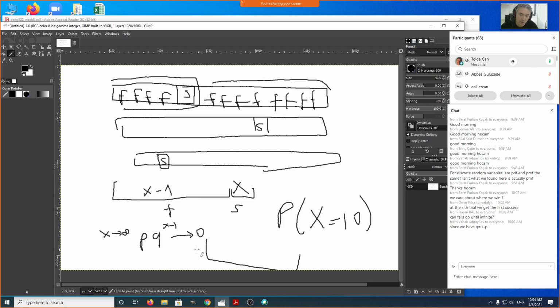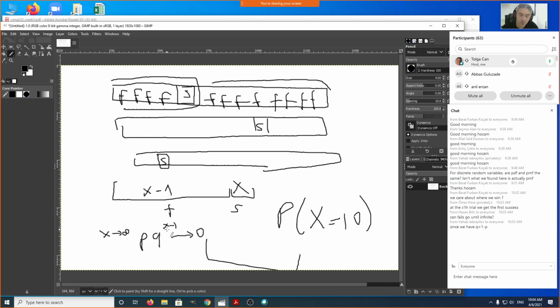But here, the success probability P and Q, which is 1 minus P, are both non-zero. For example, if P is 0.3, Q is 0.7. They are complements of each other, but both are values between 0 and 1.